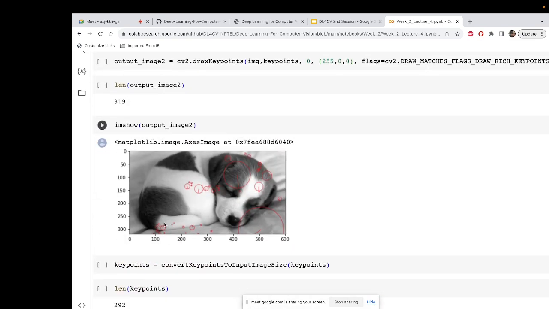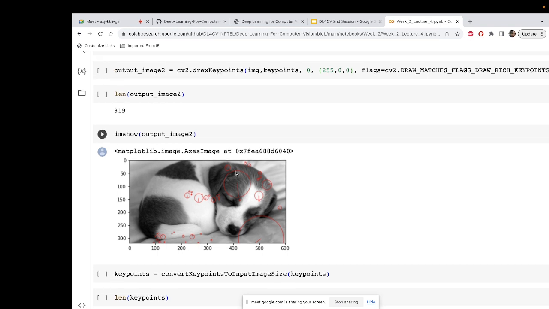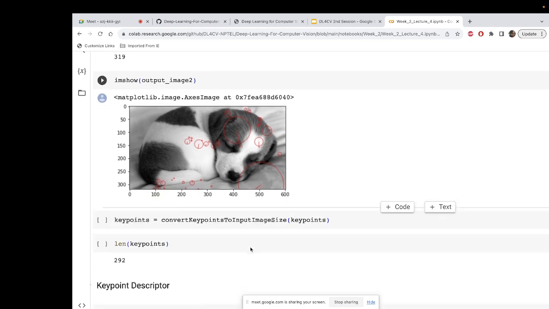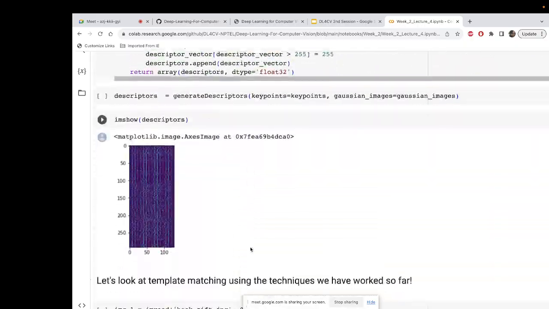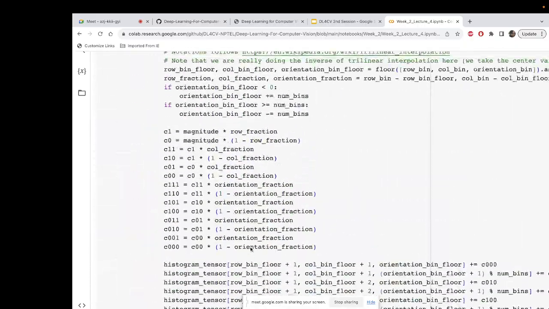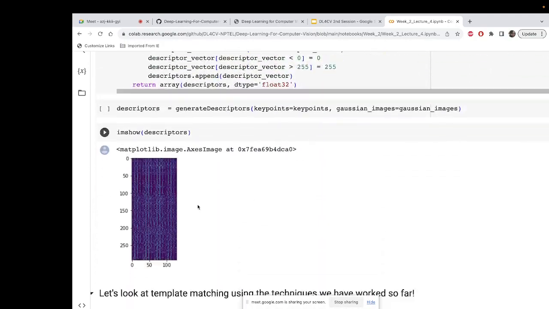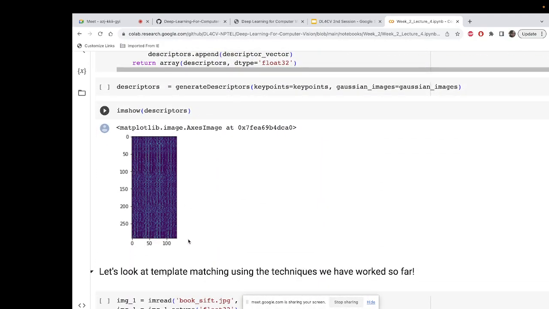And finally this is what you get after filtering some of the bad, unnecessary key points. This is what you are left with. Finally you generate the key point descriptor. Like I told you, this is a pretty involved piece of code, so just go through it on your own time. This is the descriptor that you get.